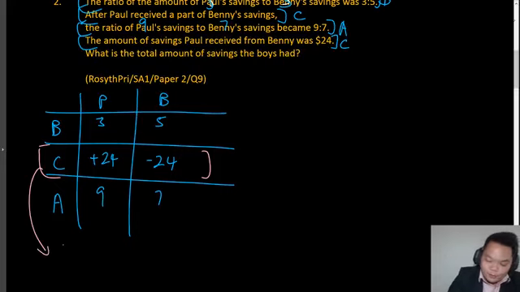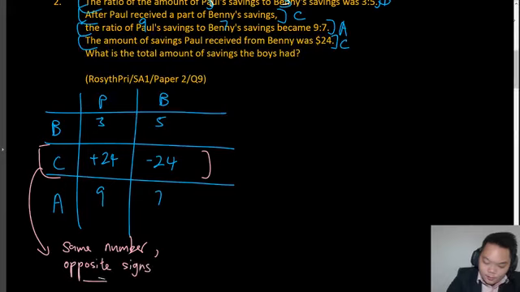Over here, we observe that there's the same number with opposite signs. So this would mean to say that this is a total unchanged quantity.